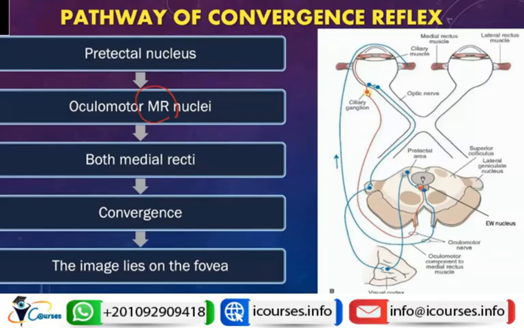So both medial recti will be supplied, leading to stimulation of the medial rectus on both sides, causing convergence. So here the pretectal nucleus will supply the Edinger-Westphal nucleus on both sides, causing stimulation of the medial recti passing through the oculomotor nerves on both sides that will stimulate the right medial rectus and left medial rectus, causing convergence. So this is the pathway of the convergence reflex.